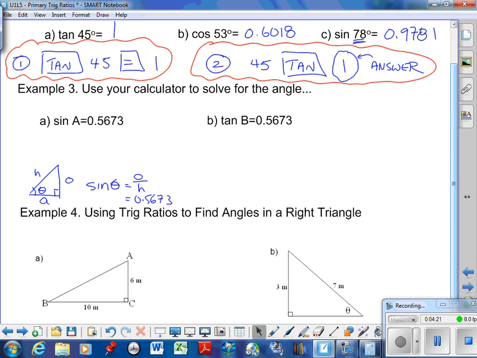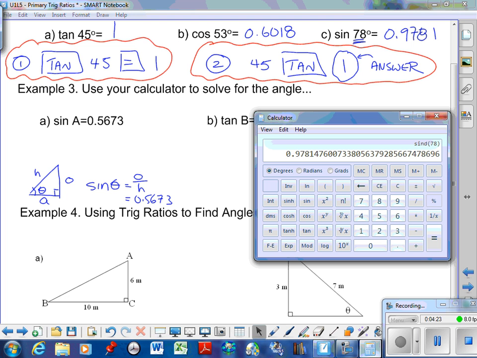With my calculator, you need to find your second function or your inverse function. So I'm going to hit my INV button for this one. I have a calculator type number 2, so I punch in 0.5673. I'm going to hit my inverse button, INV. Some calculators will be second. Now you'll see that my sine, cos, and tan have changed to the -1s.